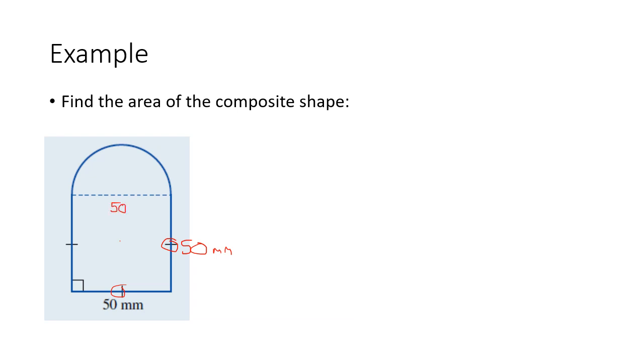Now, if you get given something in a maths problem and it looks like half a circle, it's meant to be half a circle, unless they really tell you otherwise. So what that means is that the diameter of this half circle at the top would be 50, which means that if I was to draw a line to indicate the radius here, that would therefore be 25 millimeters. Right, so what have we got? The area then is going to be the area of the square plus half the area of a circle.